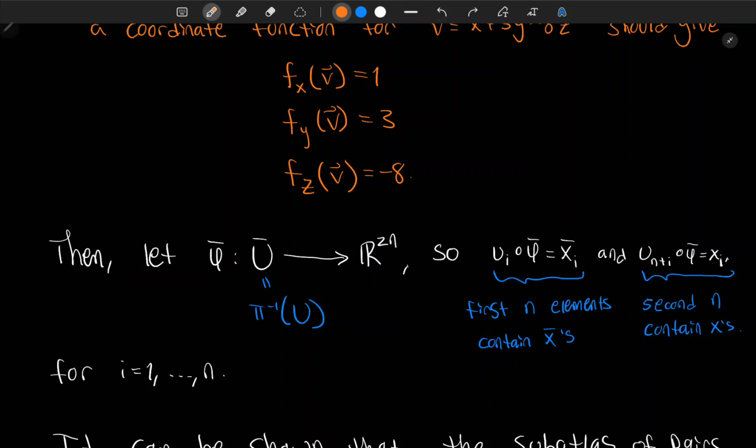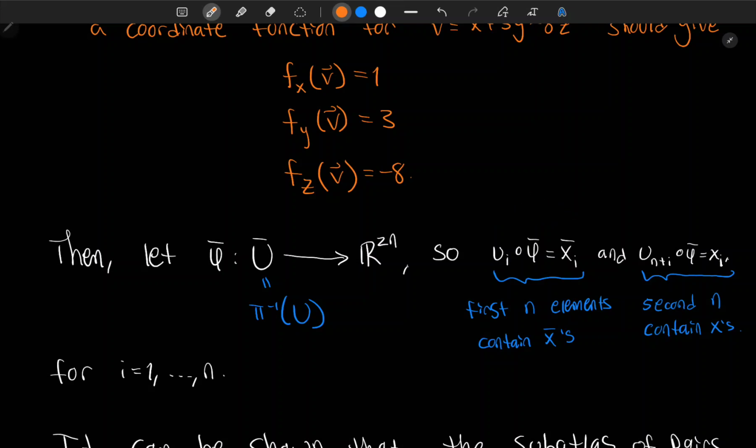So we define phi hat by, when we compose ui here with phi hat, then we get xi hat. So this is the coordinates that we just defined above. And this is for i equal to 1 all the way up to n. And so that's for the first n elements.